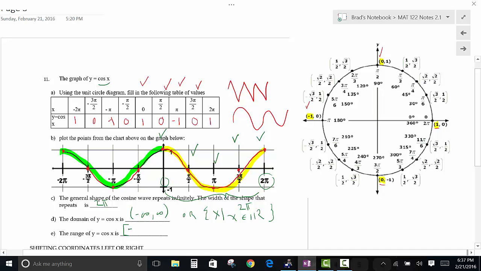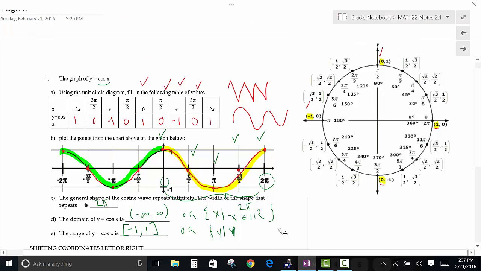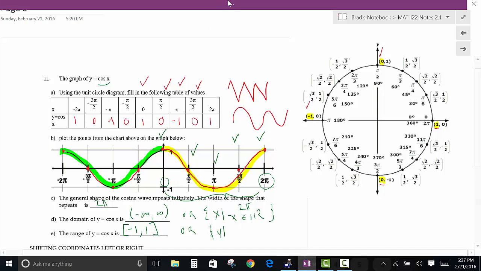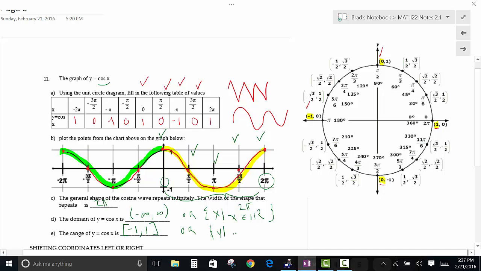The range is the set of all y values. Just like the sine, the lowest value is -1 and the highest value is 1. So we write this as -1 is less than or equal to y is less than or equal to 1.